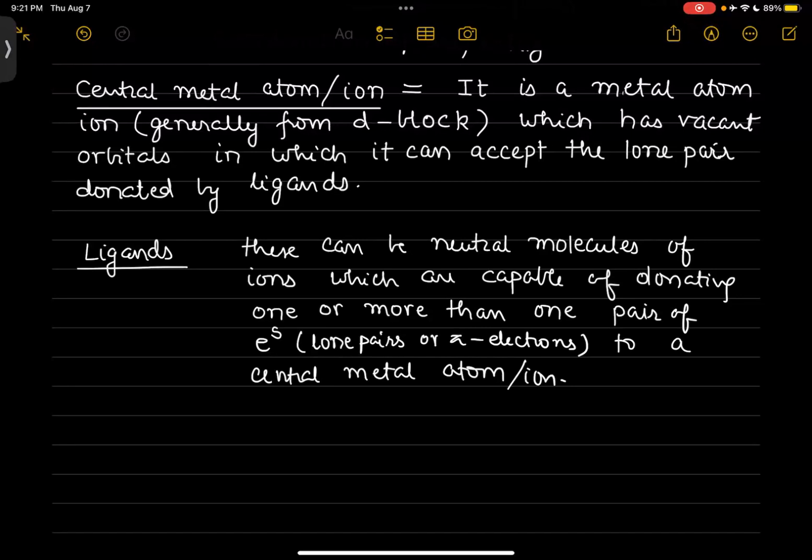Is that clear? Sir, is chlorine a ligand? Yeah, Cl minus is better than Cl2. Cl minus can donate more easily. NH3.